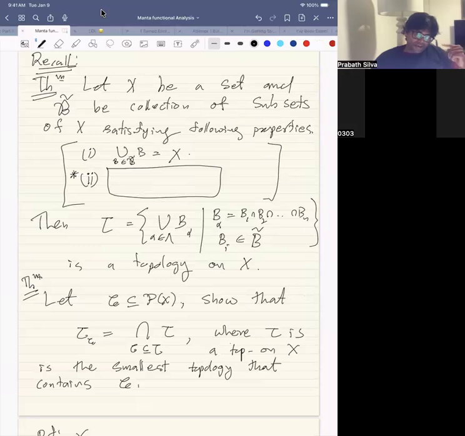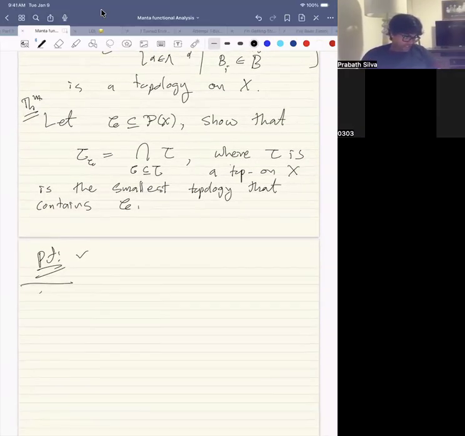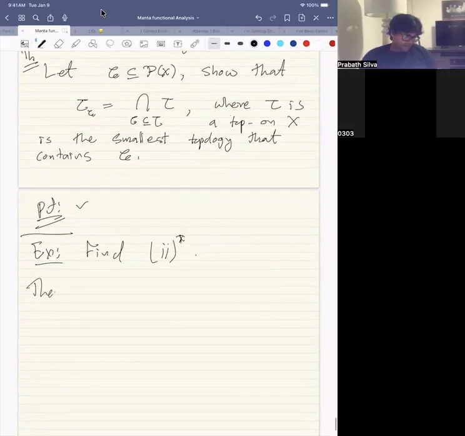And what I'm trying to get at, if you have this condition 2, then the exercise: find condition 2 star. Then define B delta at the point x to be the set of b in B delta such that x is in b. Okay.